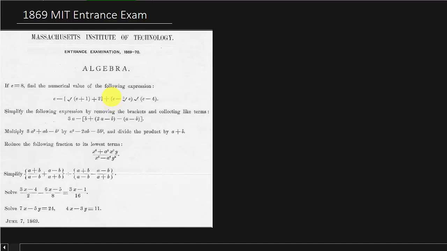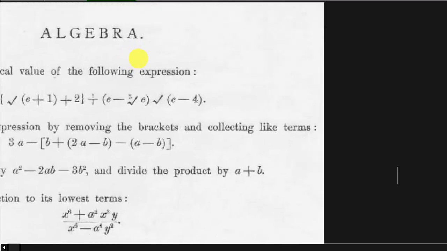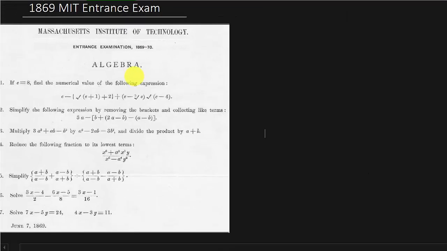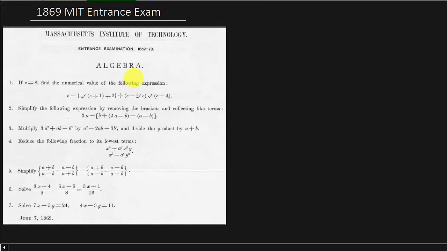And then that is plus, I believe it's a plus, it looks like a plus to me. Plus e minus the cube root of e times, in parentheses, e minus the cube root of e times the square root of e minus 4.